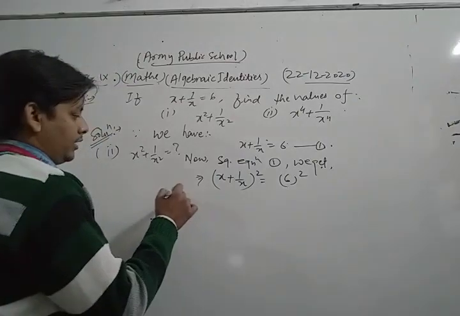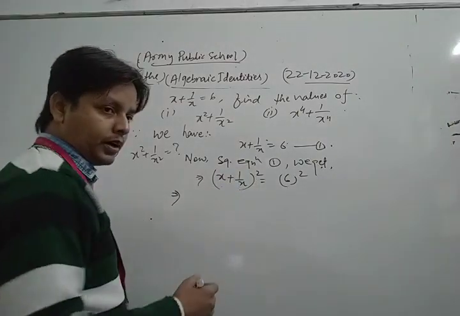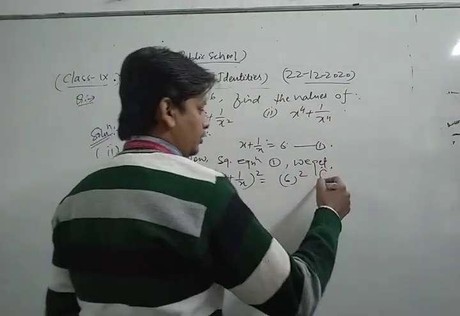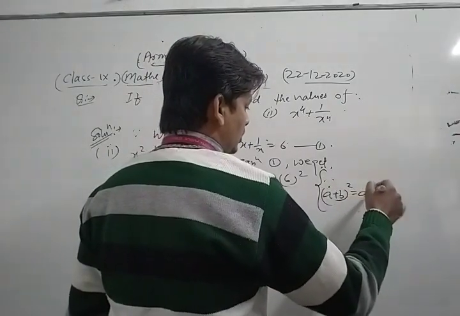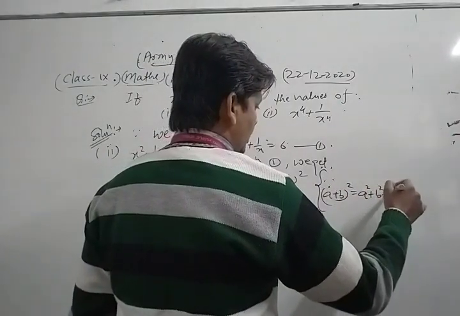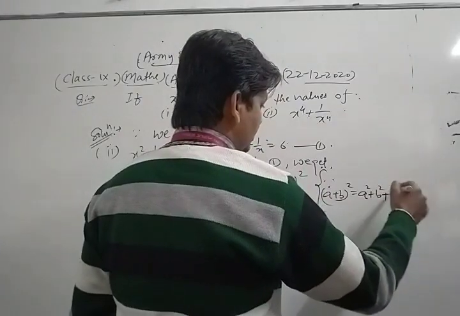This is (a plus b) whole square, and we know that the value of (a plus b) whole square is equal to a square plus b square plus 2ab.